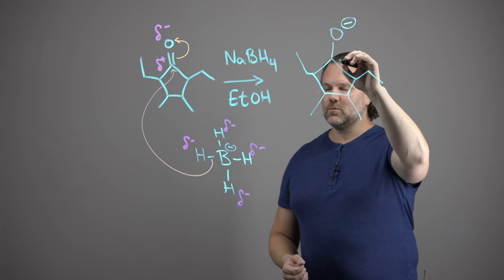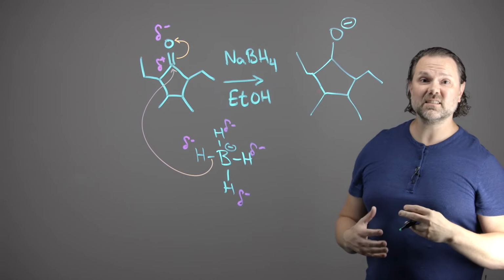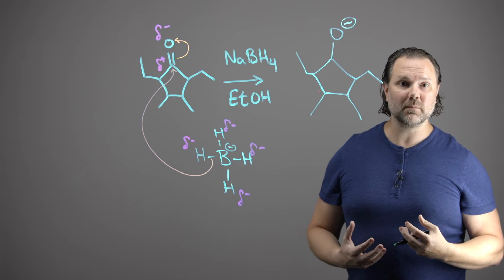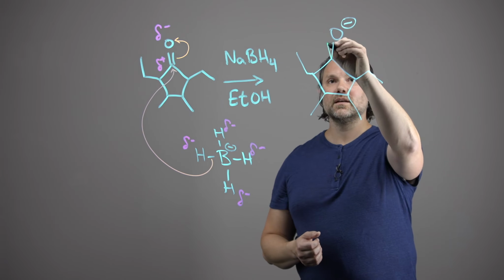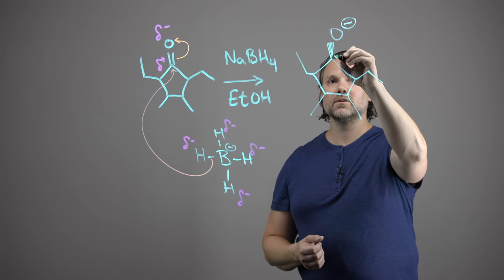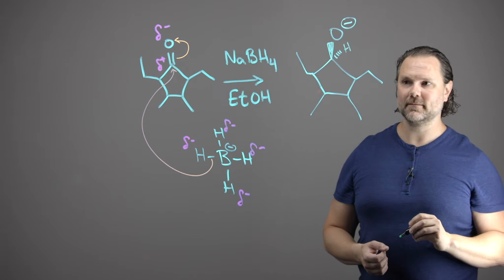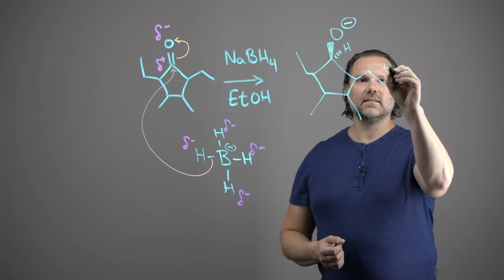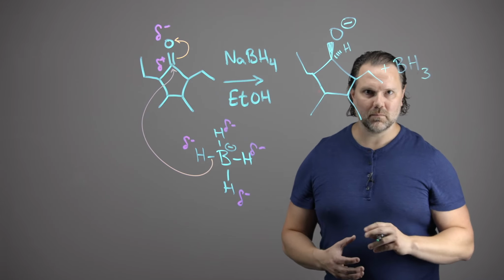It has formed a new bond with a hydrogen. Now, as a result, this is going to be a stereochemical center. So we need to represent that stereochemistry. And we could have that our oxygen is coming forward and that hydrogen is going back. And we also still have in the system borane.